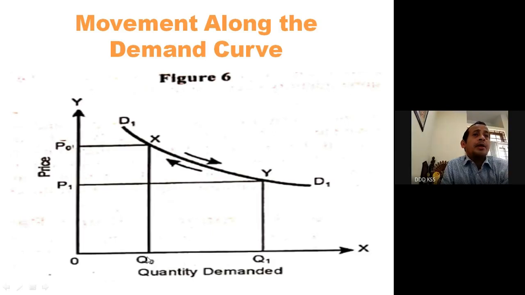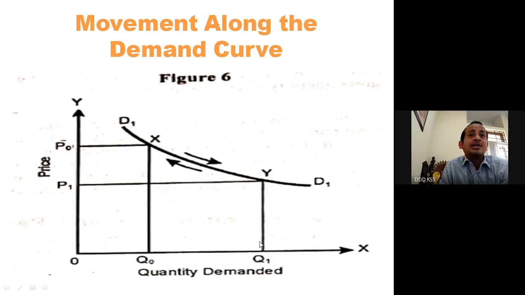Now see, I am first explaining the thing, then I will go through the concept involved here. If the price reduces from PO to P1, then demand for the same commodity increases up to Q1, OQ1. So that you are noticing.